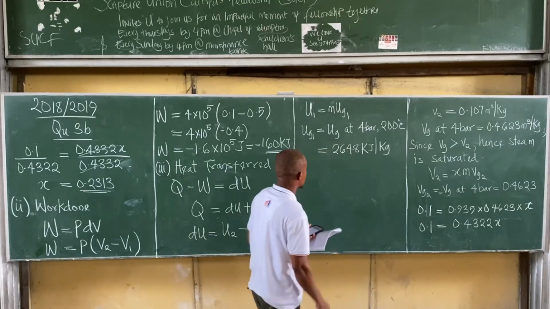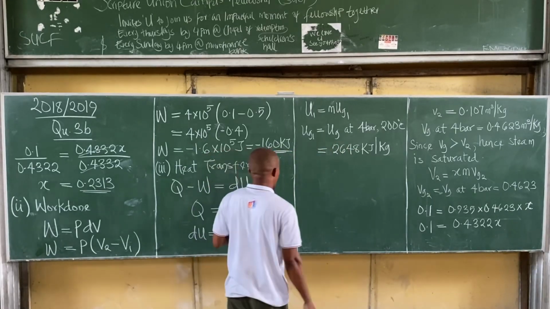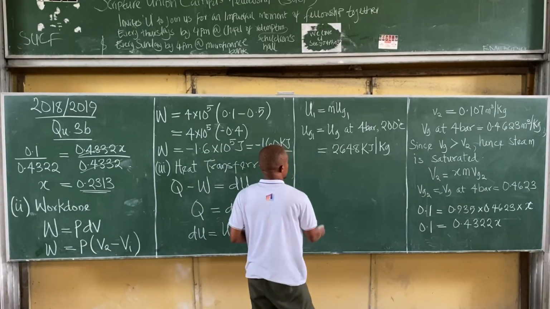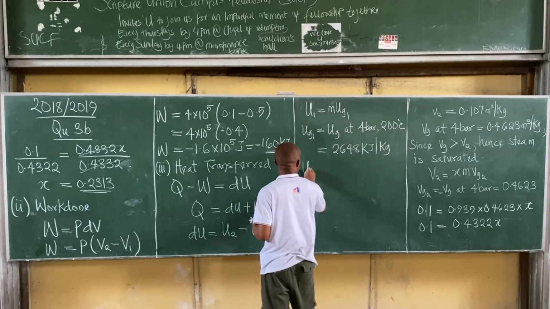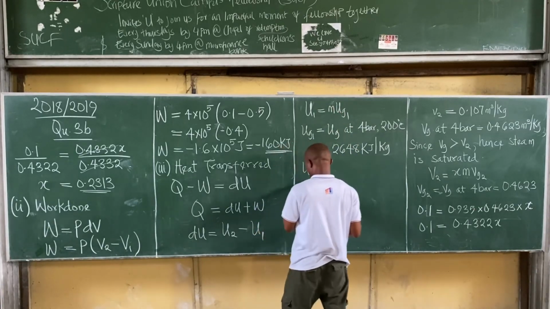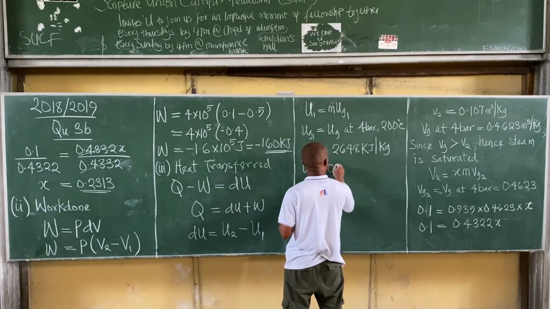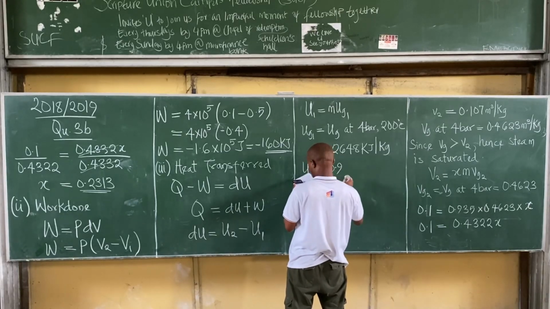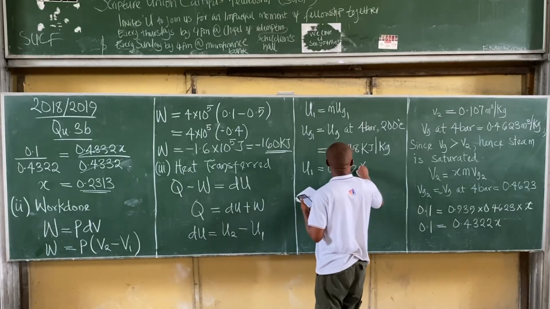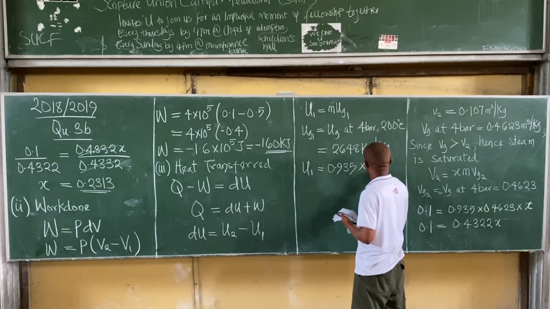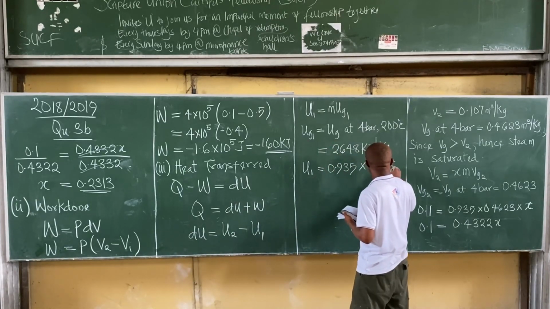Okay. Next up, therefore our U1 can be gotten, right? We've gotten the value for this and we know what our mass is. Therefore U1 equals, our mass was gotten to be 0.935 multiplied by UG1, which is 2648.